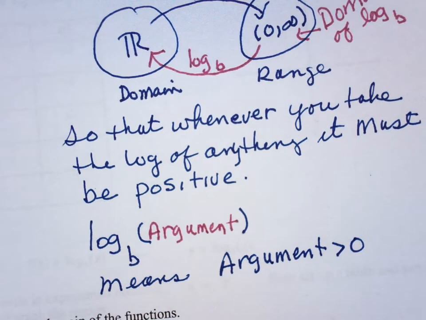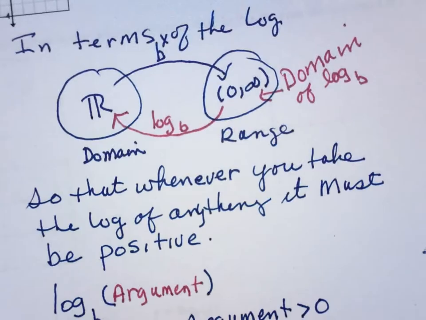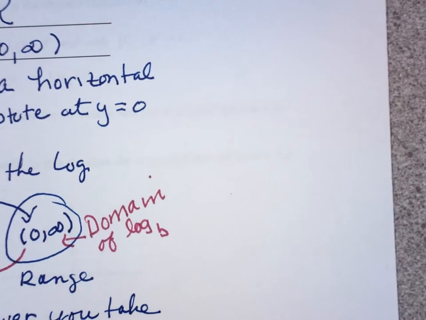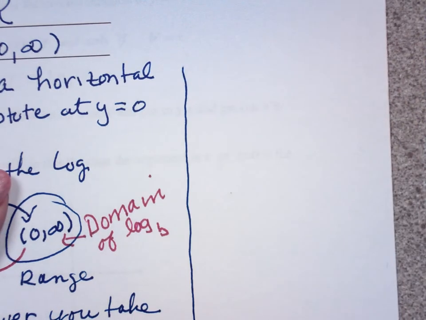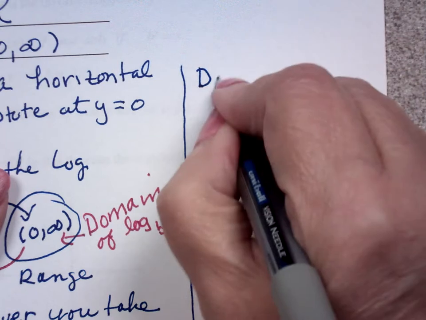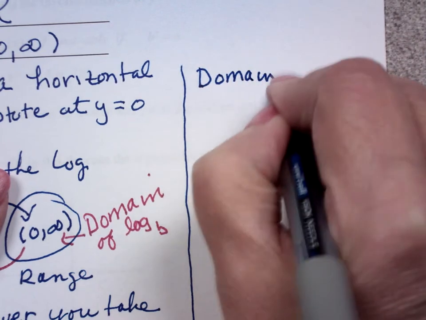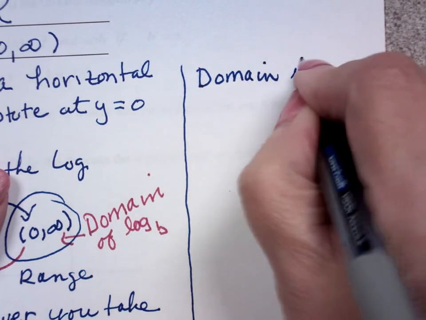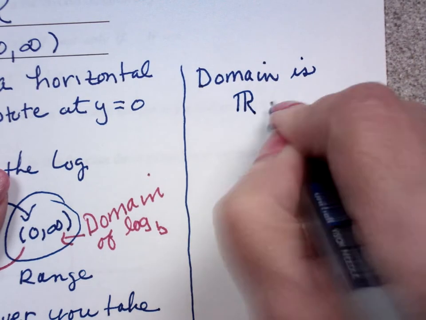So now we have three things going on. I'm going to bring this over here to remind us. Domains of what we've been studying is all real numbers except.